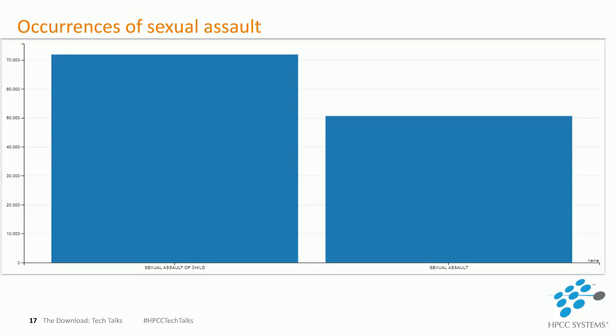The problem of sexual assault against children is present in the whole country, even in the past year, 2019, with a high number again. So the behavior related to children is continuous in the country.